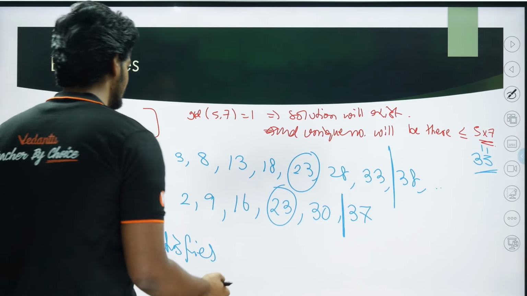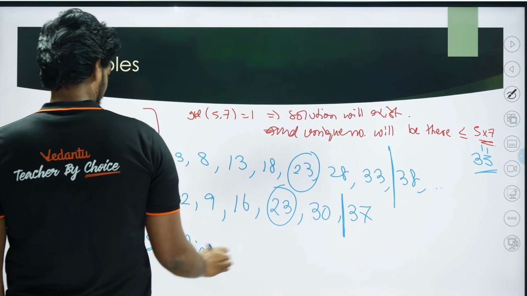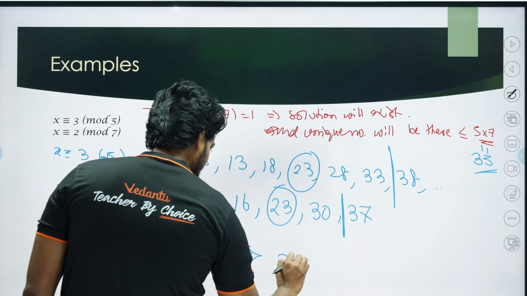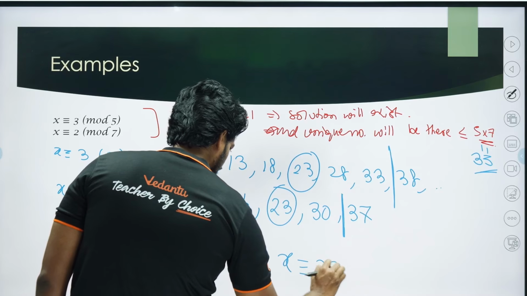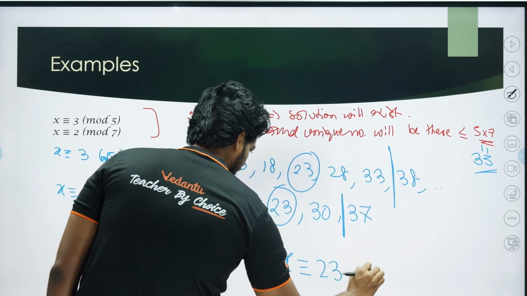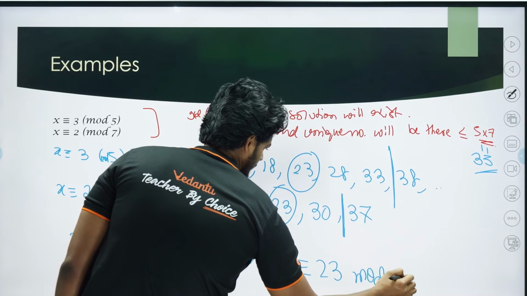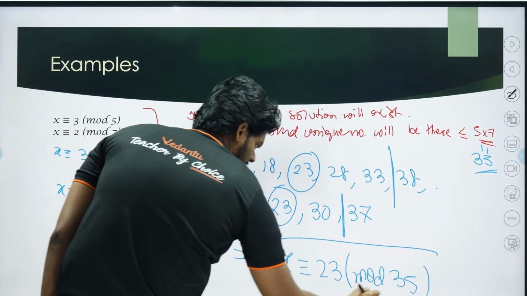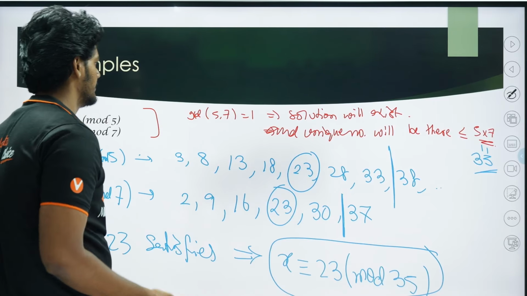So we definitely have x equal to 23 satisfies both. Furthermore, the theorem actually tells you that whenever x is congruent to 23 mod 35, it is a possible solution.